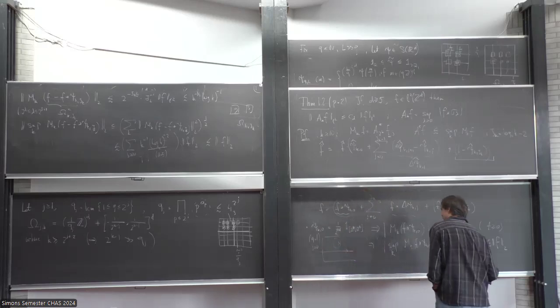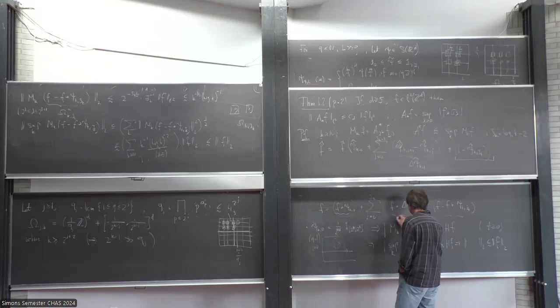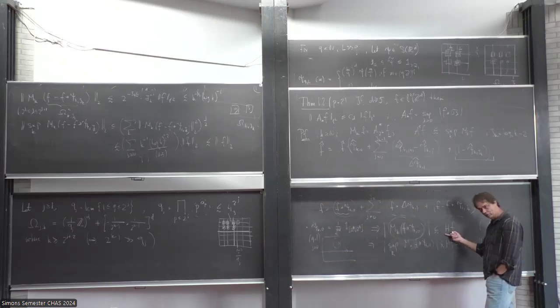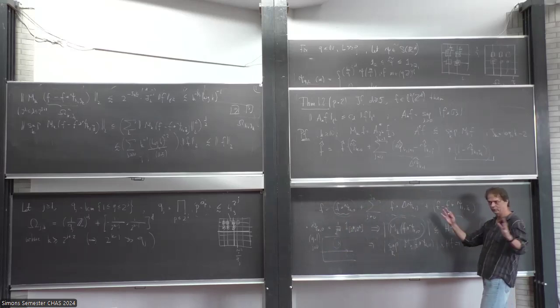So this maximum operator would be estimated by some average of f, basically the average at scale 2 to the k, but if I want a uniform estimate, I include all averages, and that would be the Hardy-Littlewood maximal function when you take all averages.